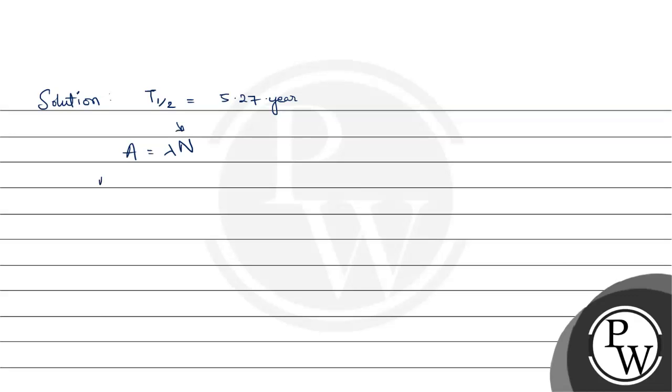So from here we can write n is equal to A upon lambda. T half is also given by natural log of 2 upon lambda, so from here we can write the value of lambda.